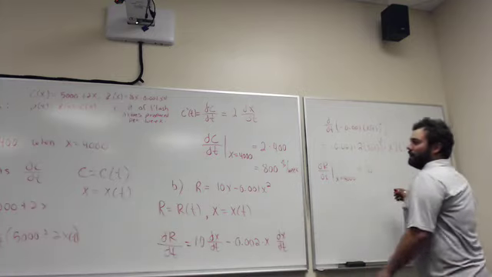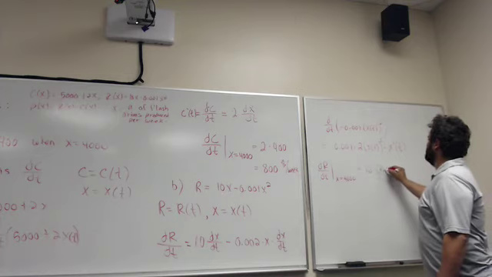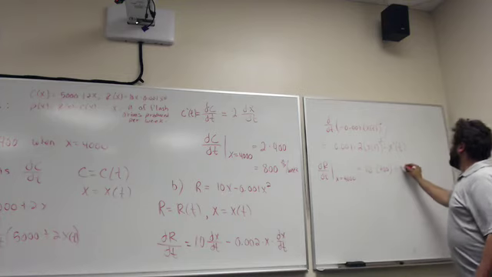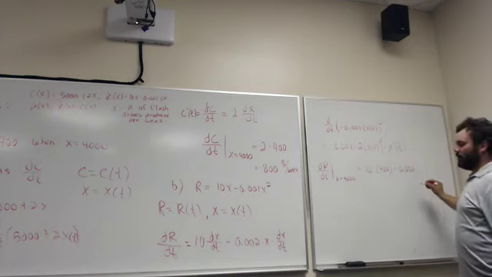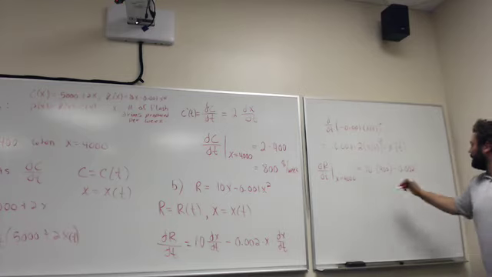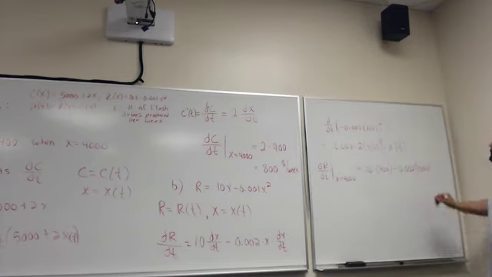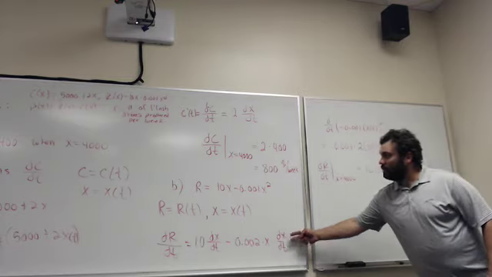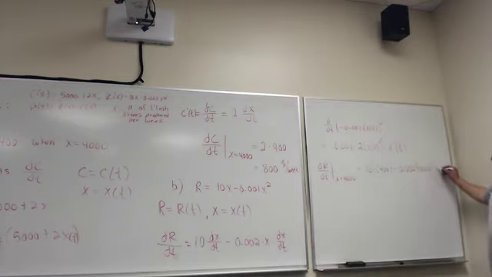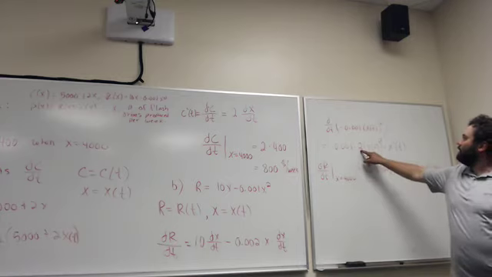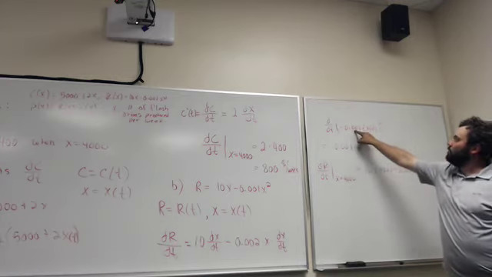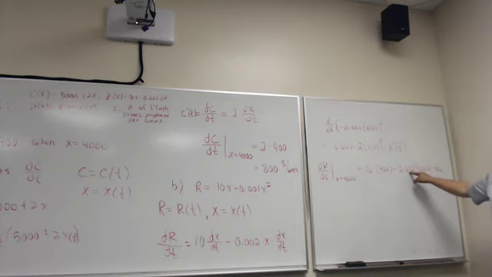So it's 10 times 400 minus 0.002 times x. x is the production level, 4,000 units. And then we have another dx/dt, which is again 400. Isn't it 0.001? Oh, but I had an x. So the 2 came out front, and 2 times 0.001 is where I got the 0.002. Okay. Yep.